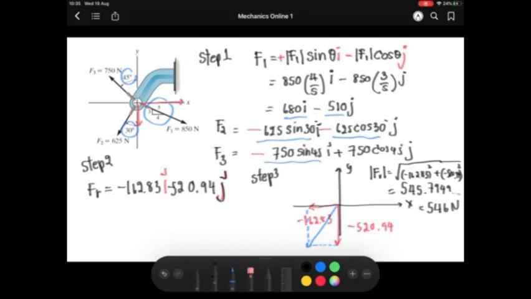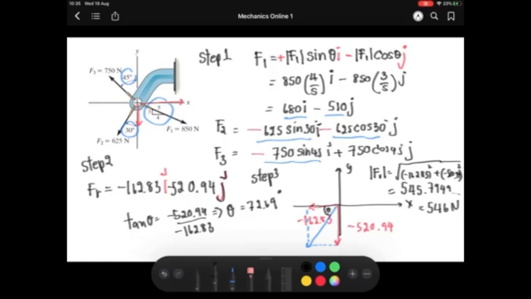And then we should find the direction, for which we use tan theta equal to minus 520.94 over minus 162.83, which gives theta as 72.64 degrees.